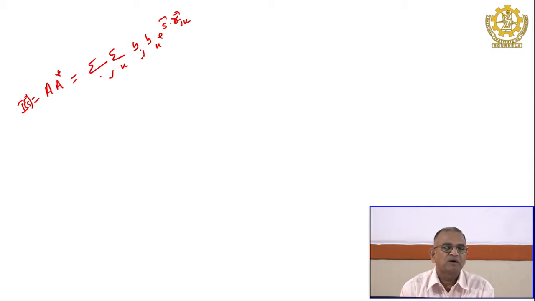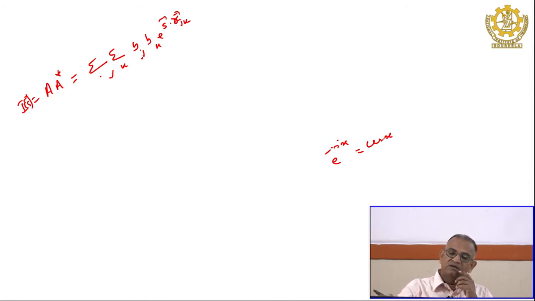What is the value of e to the power ix? How can you write the exponential function in terms of sine and cosine? It is cos x plus i sin x.